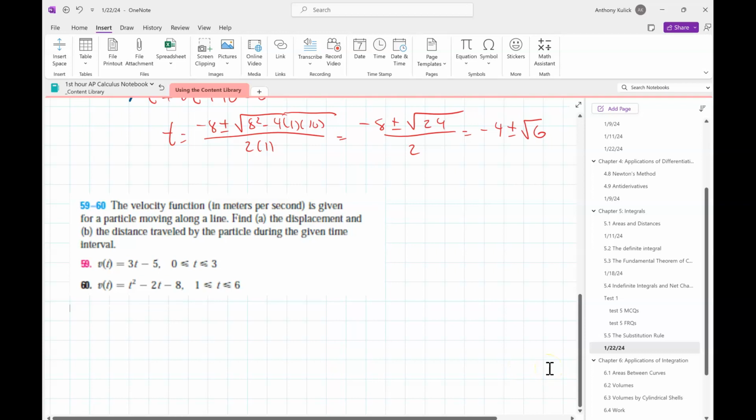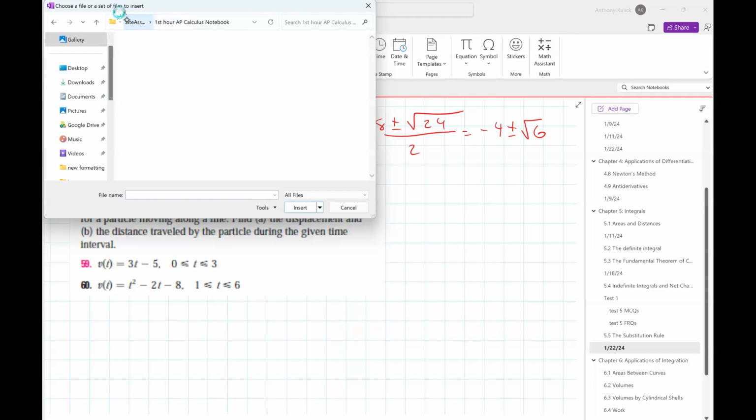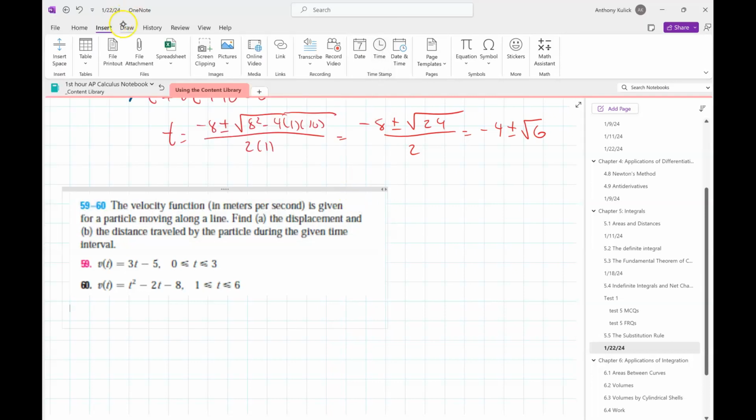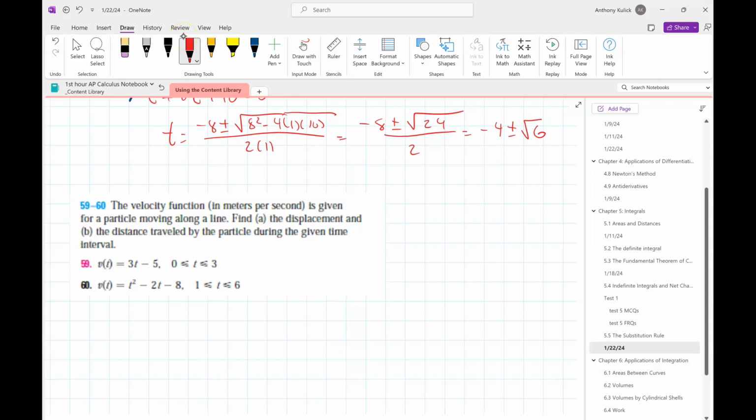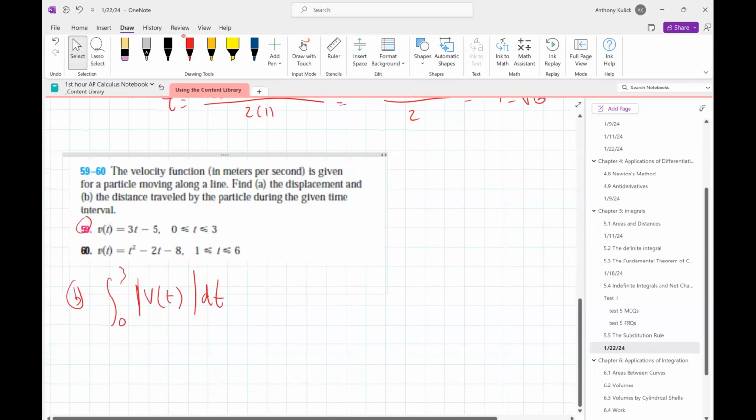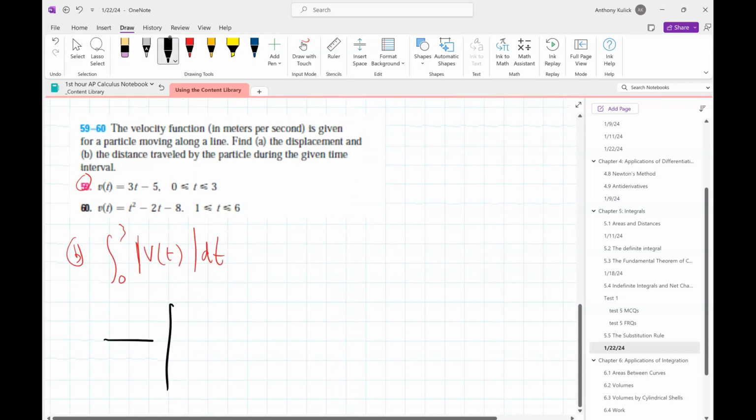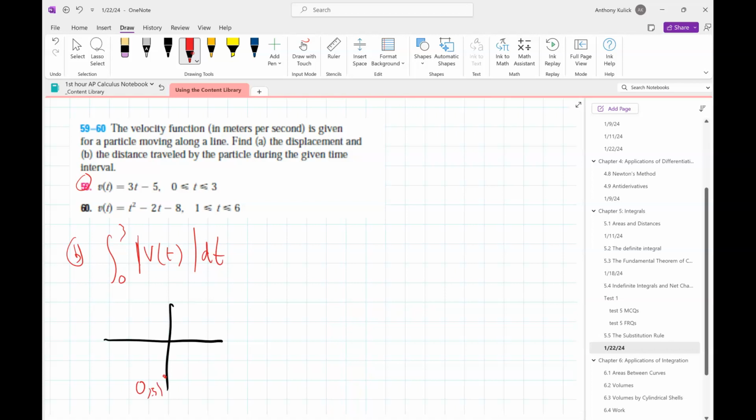Okay. So here it gives you the velocity function, which is lovely. And you wanted just part B, you said? Yeah. Okay. Part A was fine. So we're integrating from 0 to 3, the absolute value of v of t dt. And if I just think about the graph here, so we're doing something like that, right?